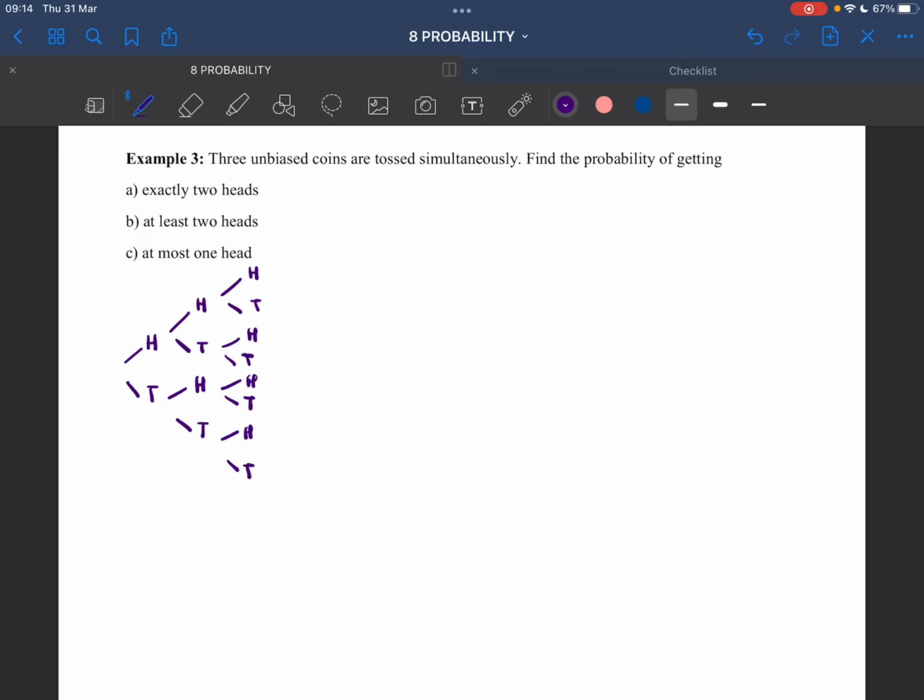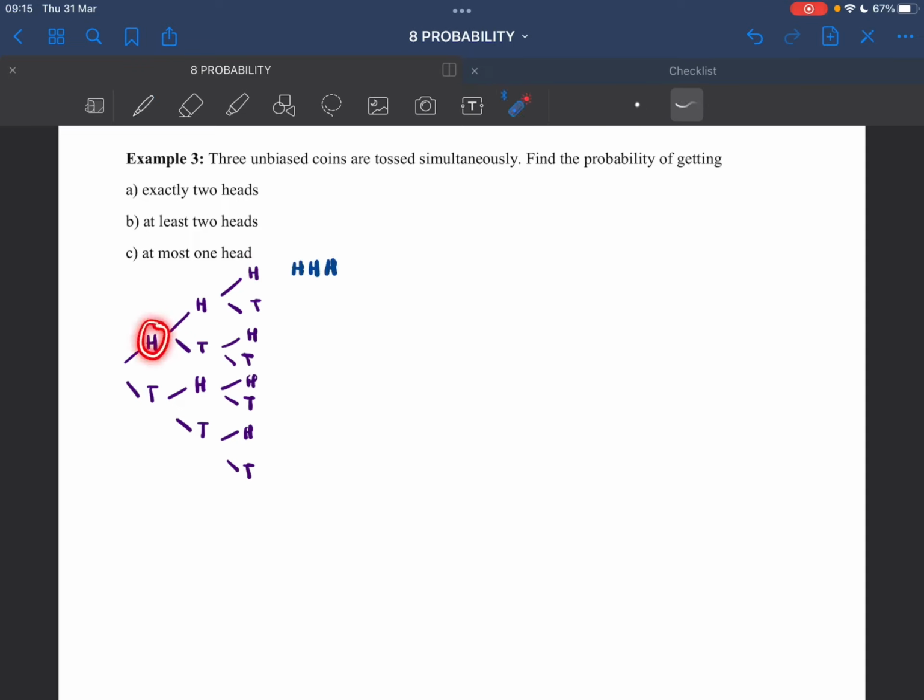One more thing to make our life easier, please list out all the outcomes that you have, so that it is easier for us to do the question. Before we go into the question, just list our outcomes. So we have H, H, H. We have 3 H there.